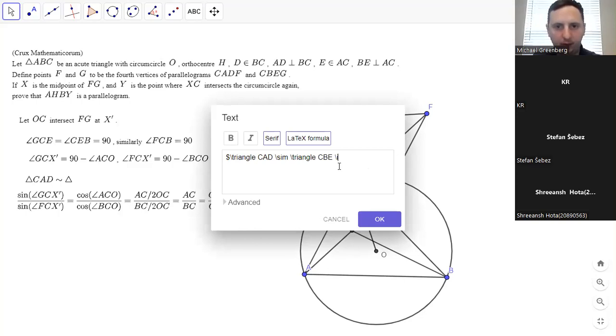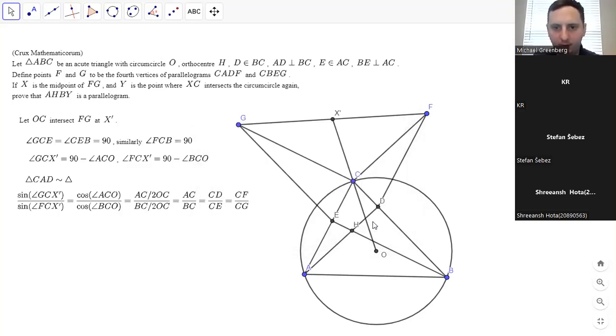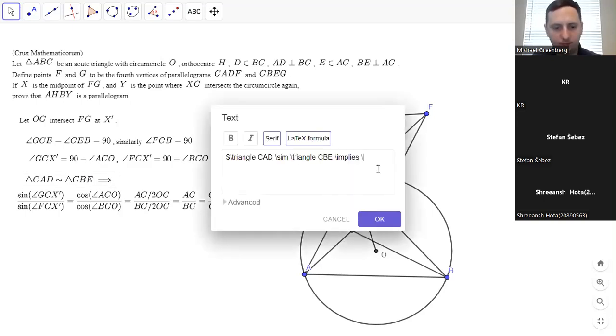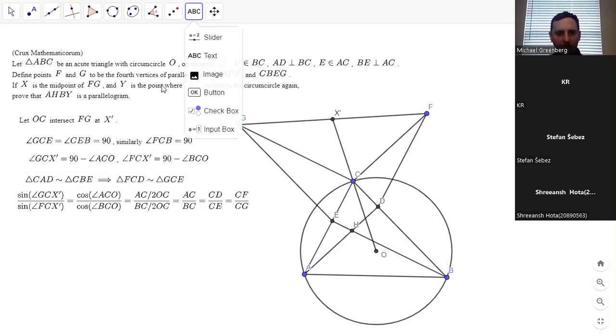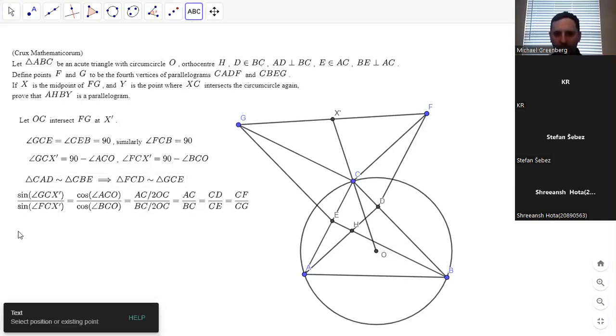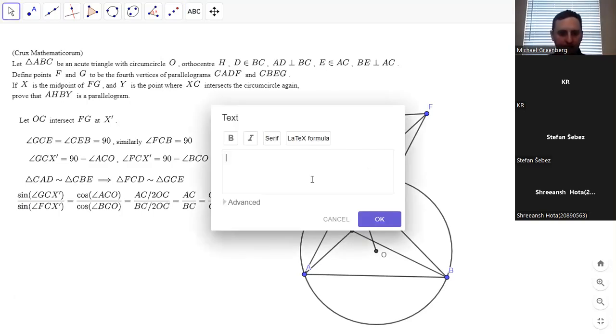That basically means that FCD is similar to GCE. So then we got all these things, and this means that X prime is the midpoint of FG.